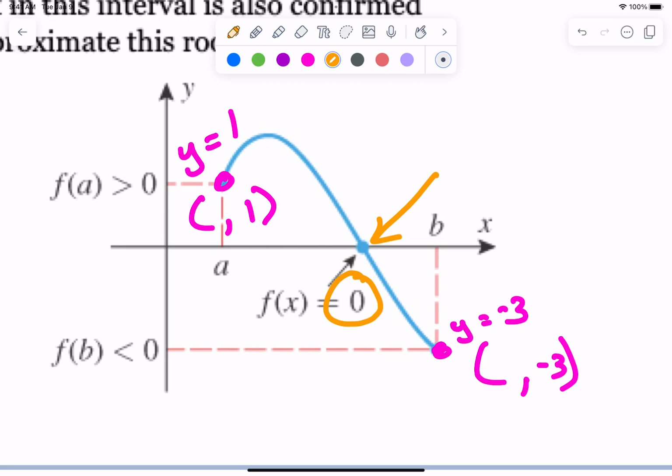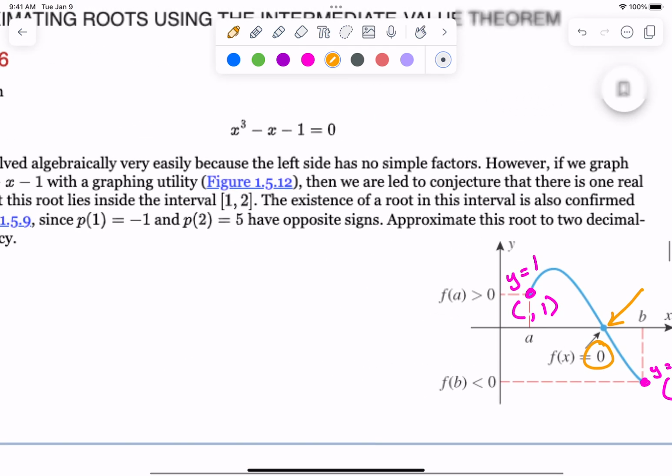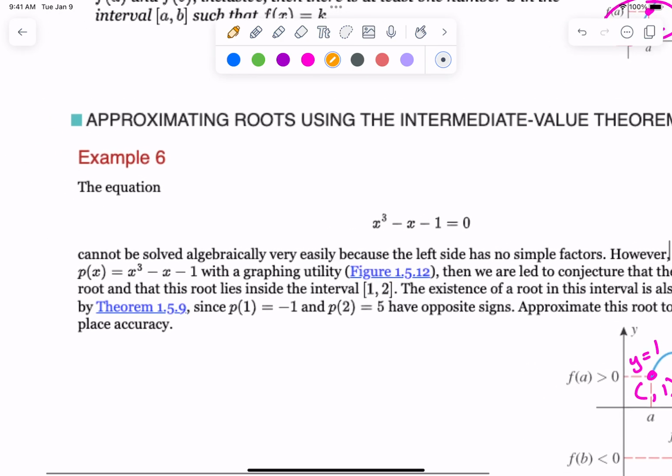If one place is above and one place is below and it's continuous throughout, it has to touch at some point. That's what the intermediate value theorem is illustrating. Make sense? Okay, so let's go through the example.